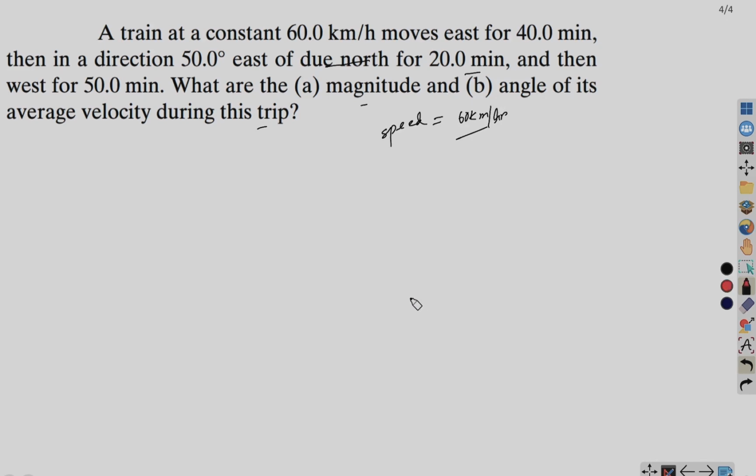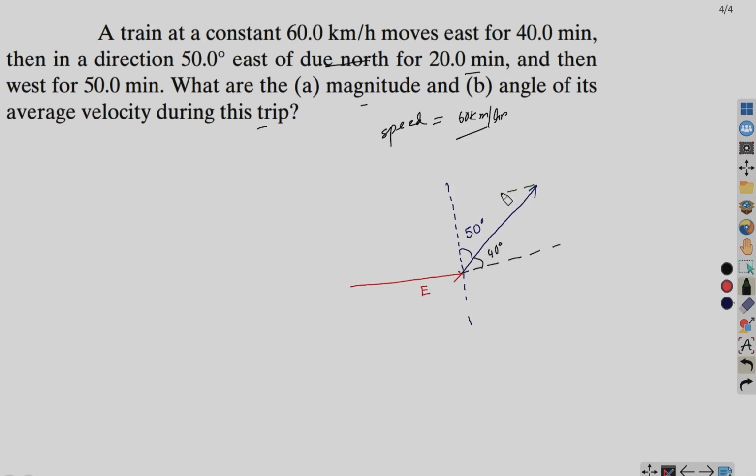Let's use some different color. So let's say the particle is moving east. This is our east. Then it moved obliquely at an angle 50 degrees east of due north. Therefore, this is 50 degrees, okay? And this one is 40 degrees.